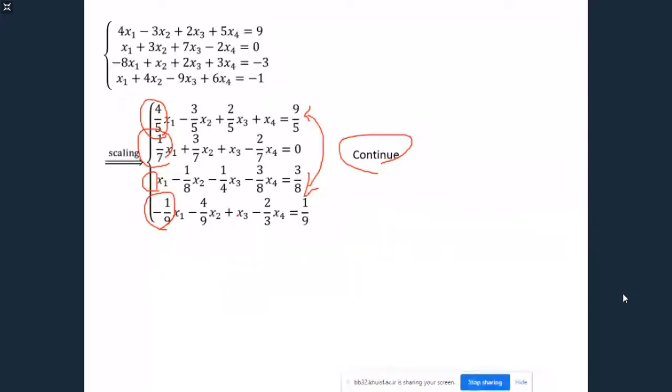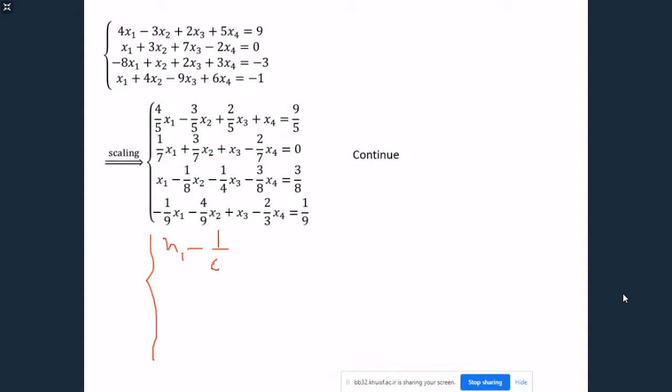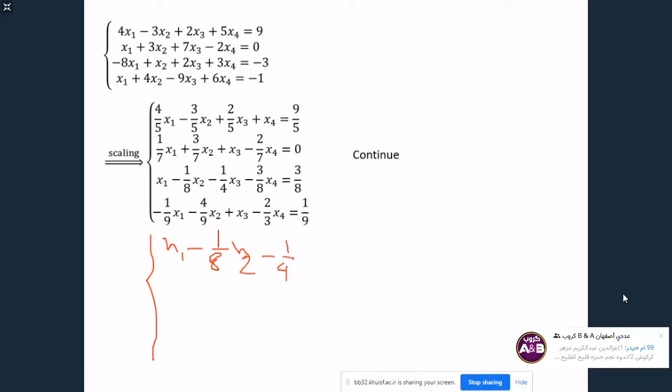I want you to do that, but let me write that. It will be x1 minus 1 divided by 8, x2 minus 1 divided by 4, x3 minus 3 divided by 8, x4 equal 3 divided by 8.